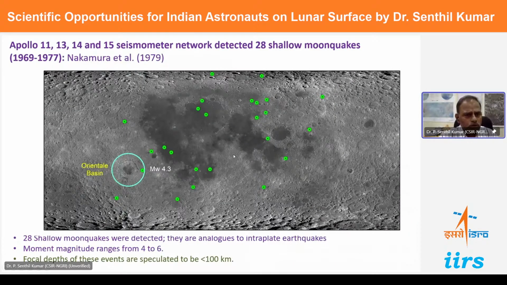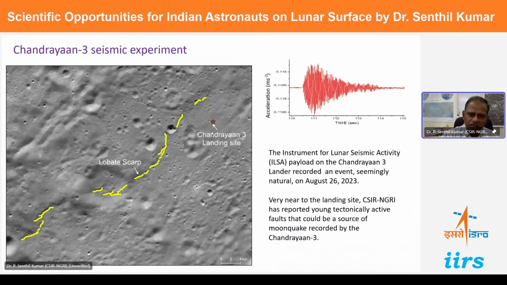So far, we only know about 28 shallow moonquakes, which are comparable to earthquakes. Even our Chandrayaan-3 seismometer recorded one possible moonquake. Close to this landing site, even our group found many active faults. These faults possibly produced the current seismic state.